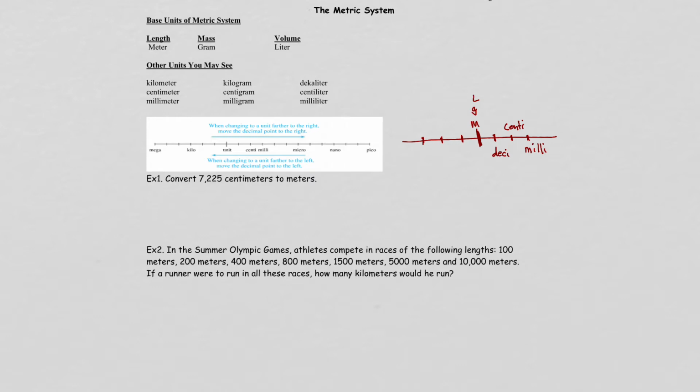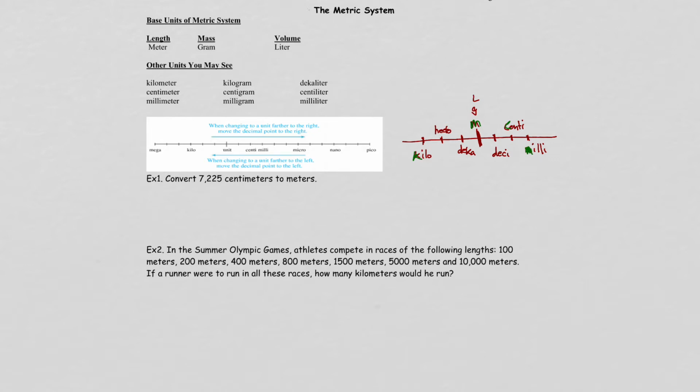One unit up is deca, and then hecto, and then kilo. Again, kilo, base unit, centi, milli are the most often used units, but you need to remember there are other units in between.